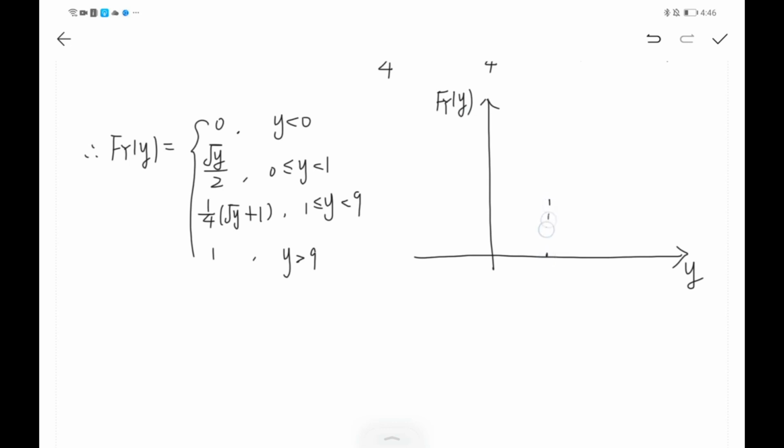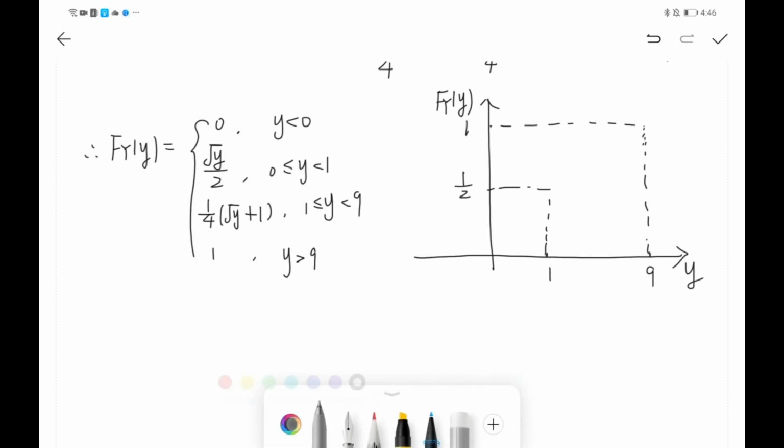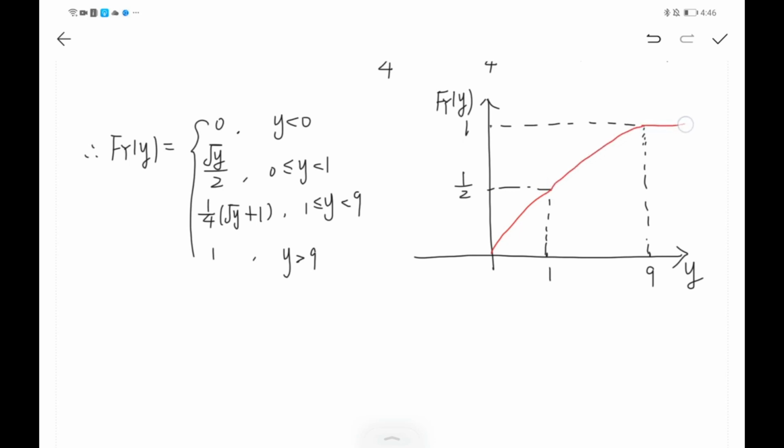When y equals 1, the value of the distribution function equals 1/2, and when y equals 9, the value of the distribution function equals 1. So the plot is like this, and it equals 1 when y is more than 9.